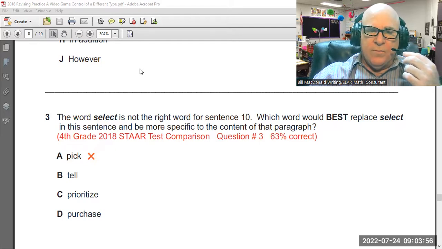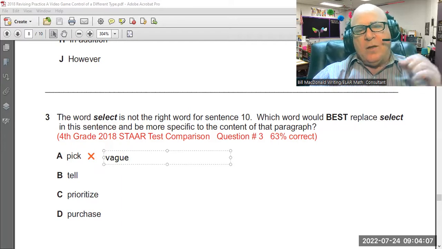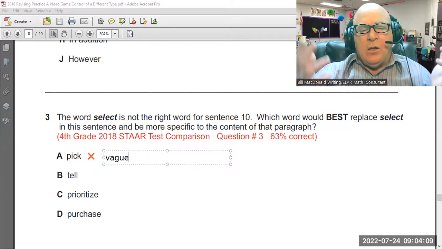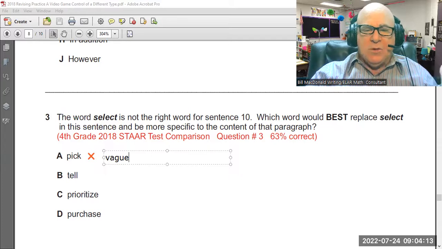So let me click my text button and I'll say, I'm going to eliminate that one because it's too vague. We have to be able to pick when to tell when it's more important to relax or when we should focus on other things.